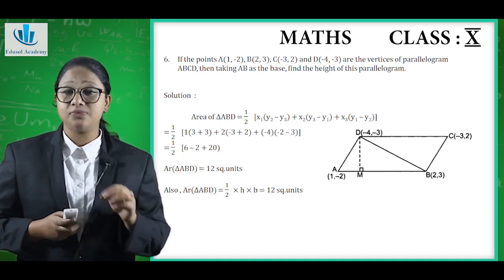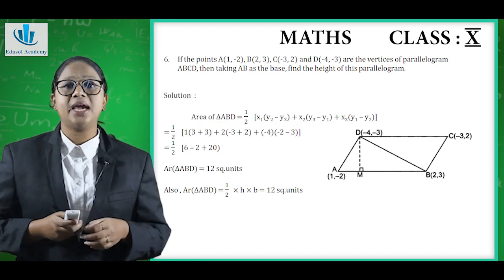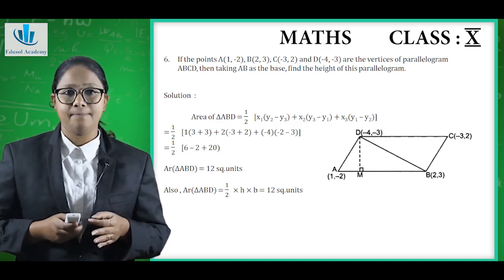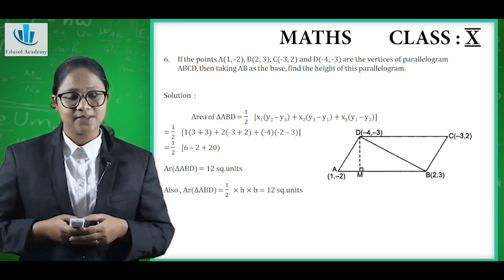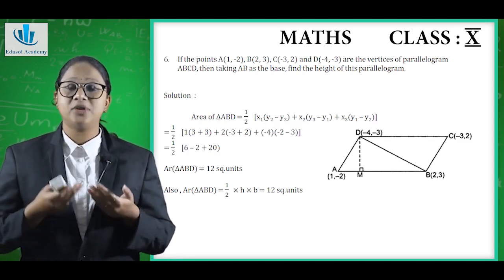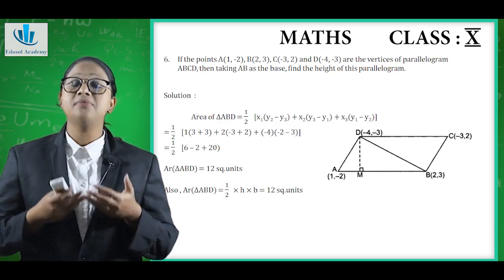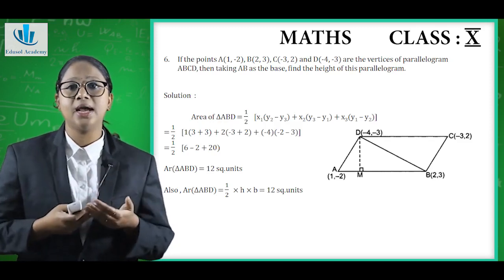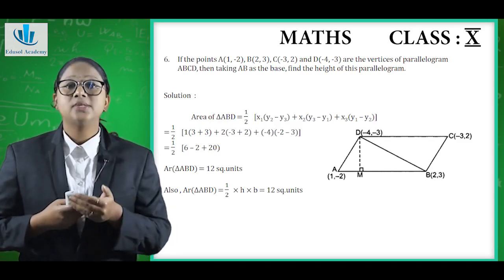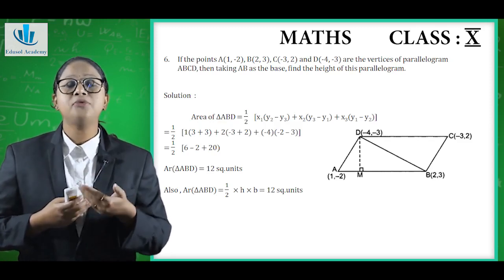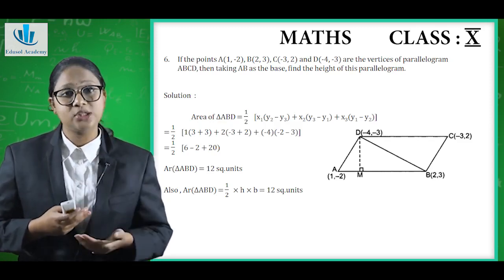ABCD, all the vertices are given. We have to find the height DM, taking AB as the base. So we know that area of a triangle is half BH, but we don't know exactly the value of the area of triangle DAB. So we can use equation for area of a triangle using coordinate geometry.